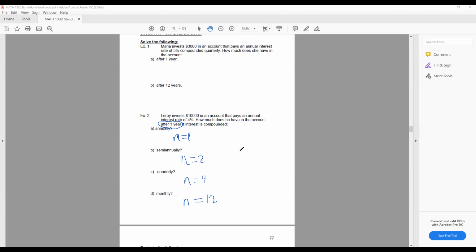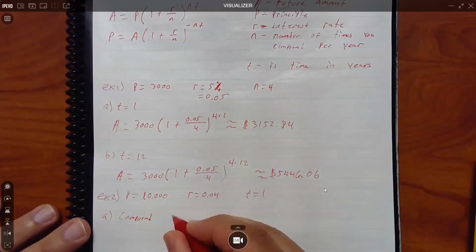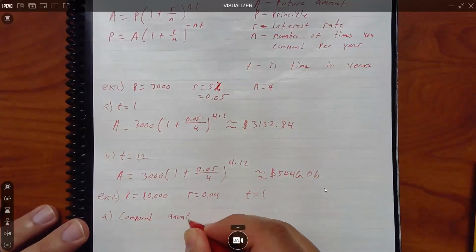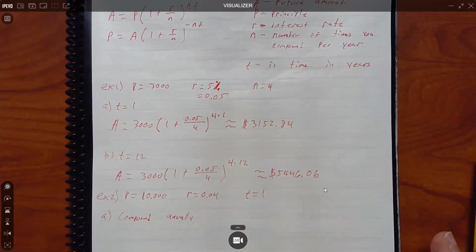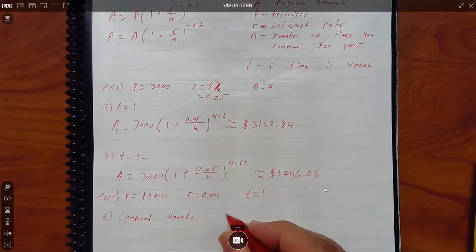Time is 1. So part A, they're going to compound annually. Let me switch back. So here n is one.